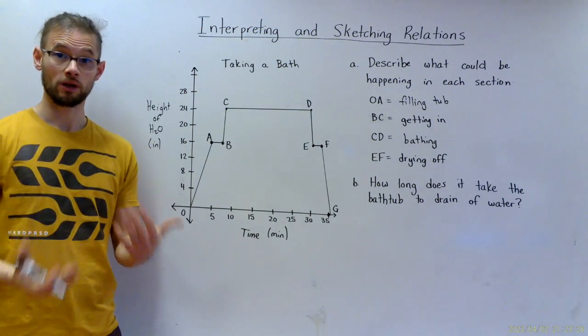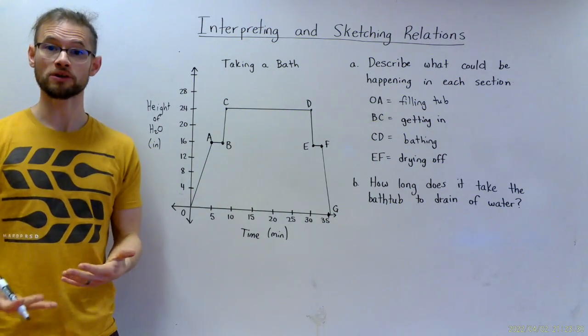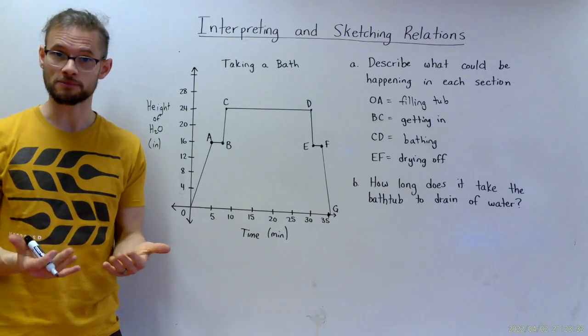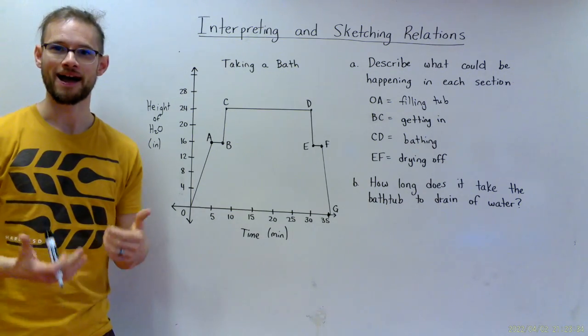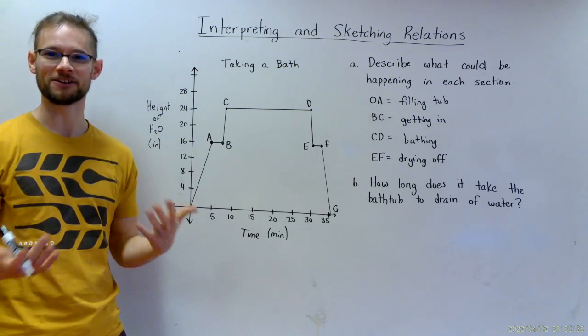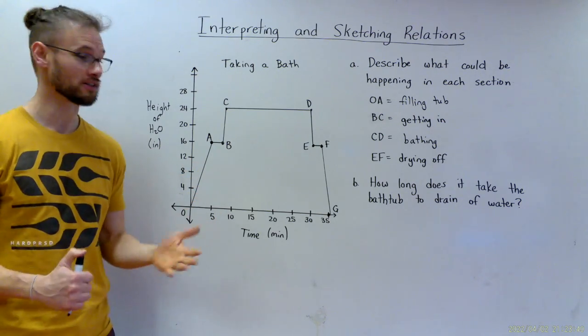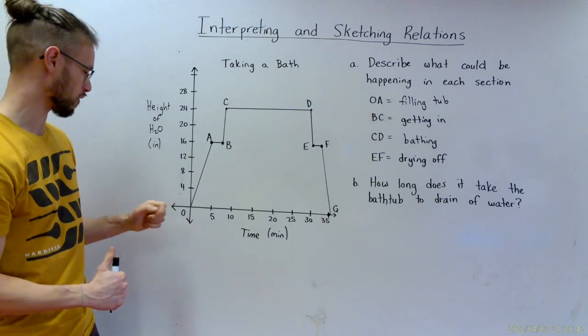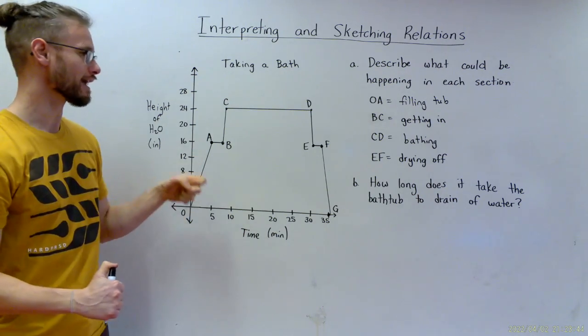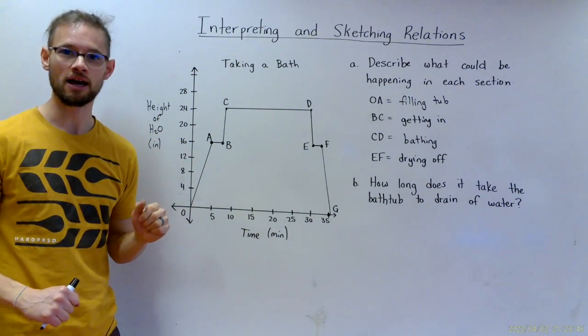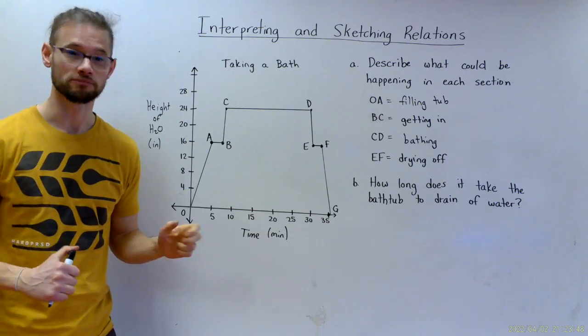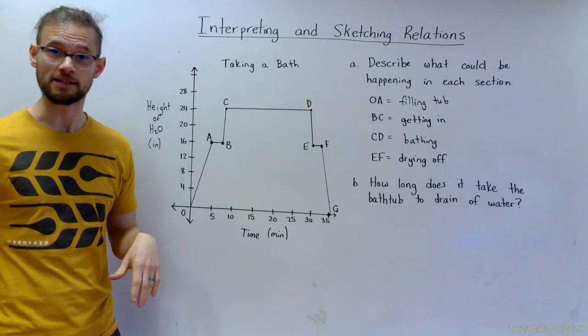Now, when we're interpreting graphs, it is important to recognize that there are multiple answers sometimes. In this case, I gave this question my first year teaching on a math test, and a student decided to offer this response to this graph. O to A, Dad gets in the tub and turns on the water. Well, yeah, that makes sense.